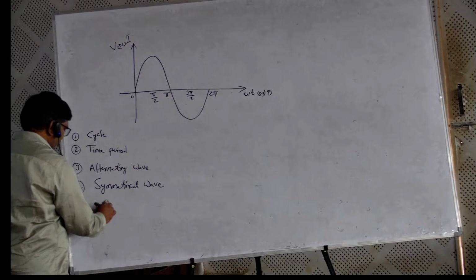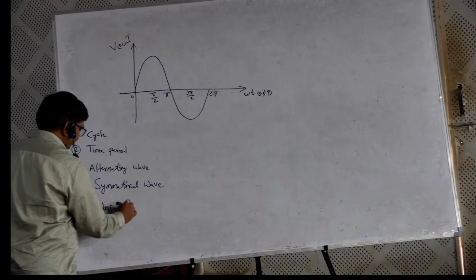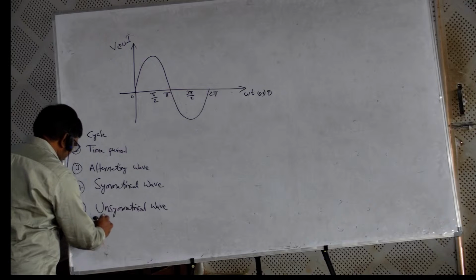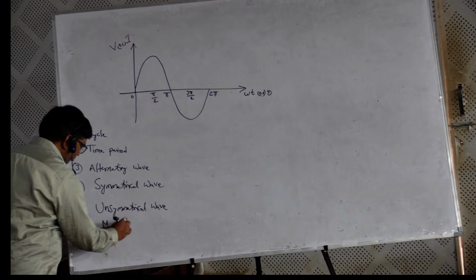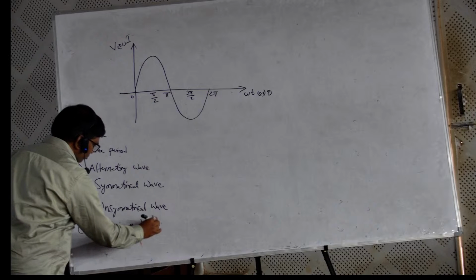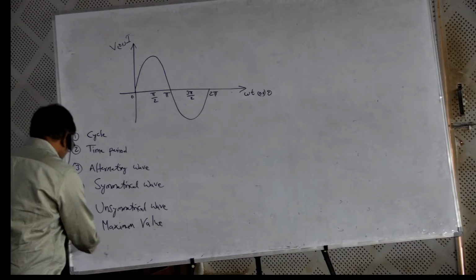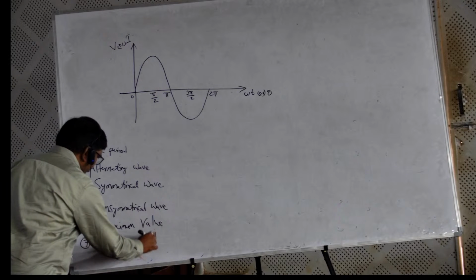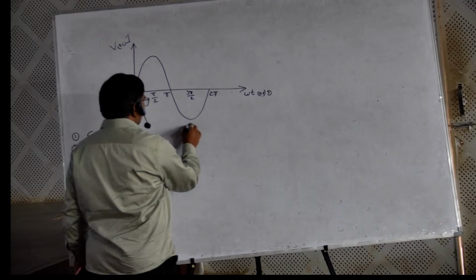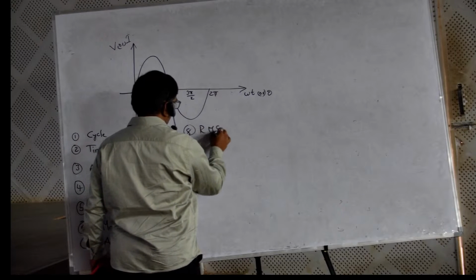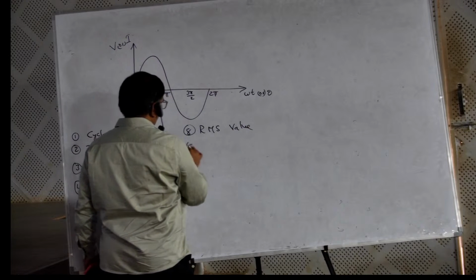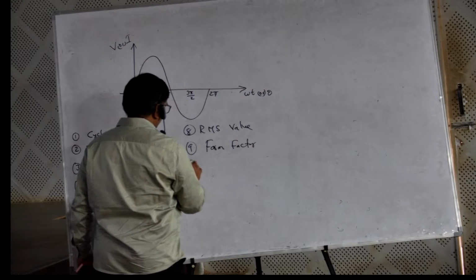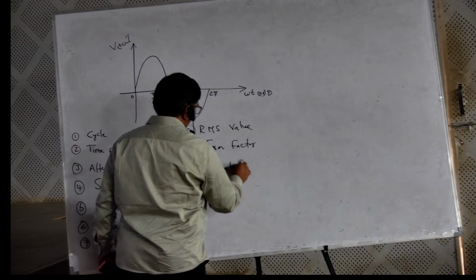What is meant by maximum value, average value, RMS value, form factor, peak factor?